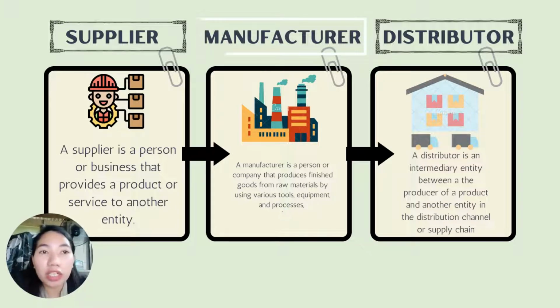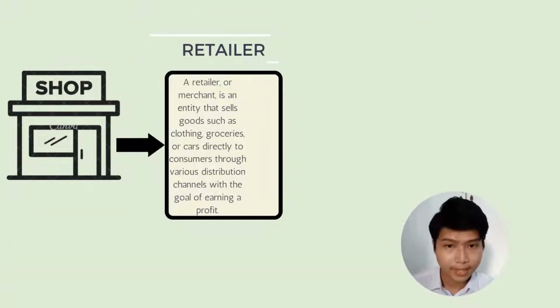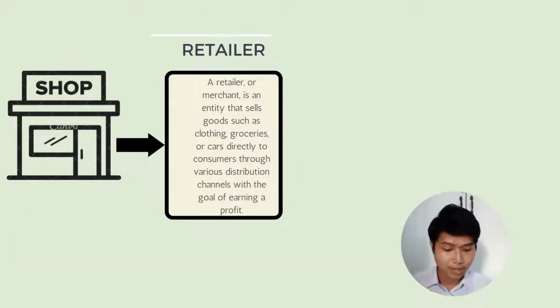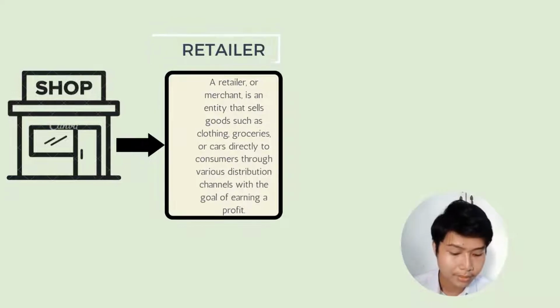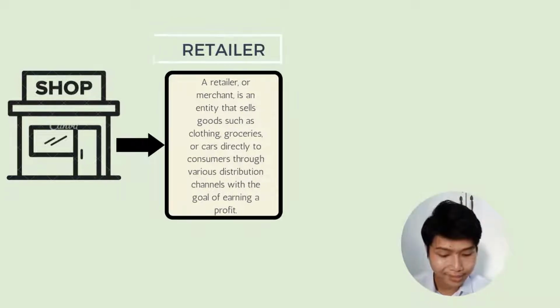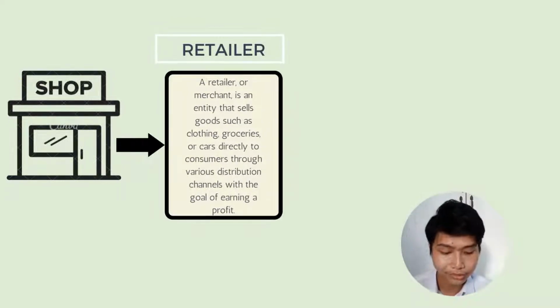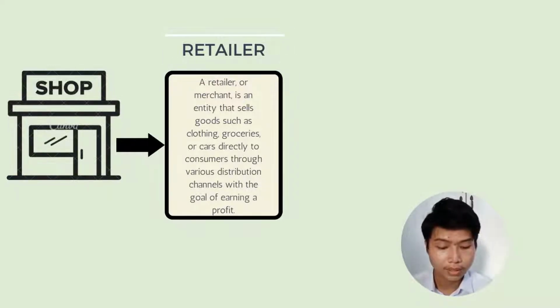So, when they already distributed it, they're going to the retailer. So, Mr. Palma will explain about the retailer, but a distributor is the one who distributes it within. So here we have the retailers or shop. A retailer or merchant is an entity that sells goods such as clothing, groceries, or cars directly to consumers through various distribution channels with the goal of gaining a profit.